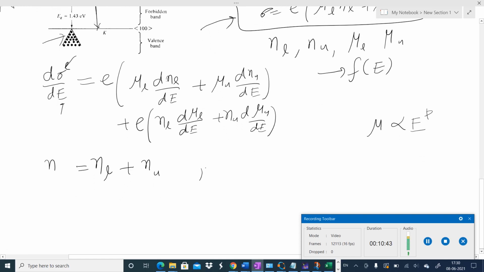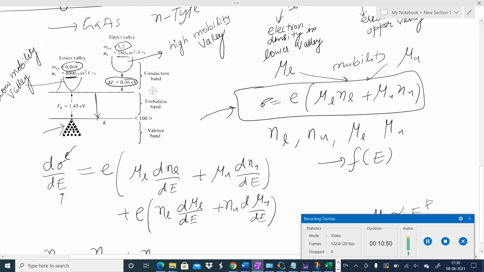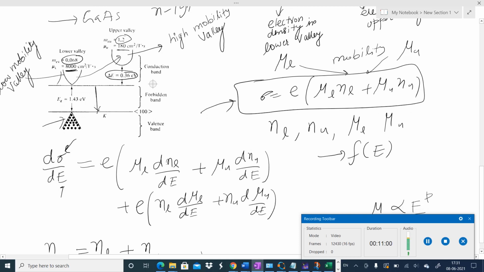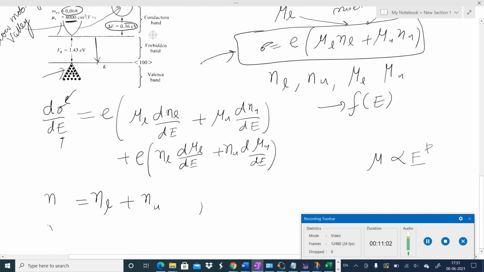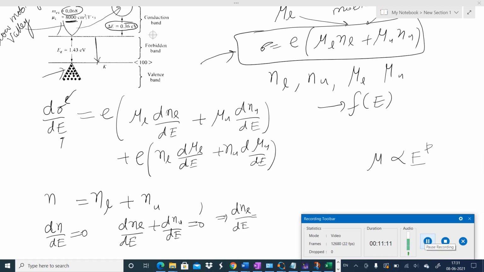Lower valley and upper valley densities will change, but the total density remains constant with respect to electric field, because when we apply a high electric field, electrons may jump from the lower valley to the upper valley. So NL and NU will change, but the total density will definitely remain the same. So the differential of N with respect to electric field is 0, which means that dNL over dE is minus dNU over dE.